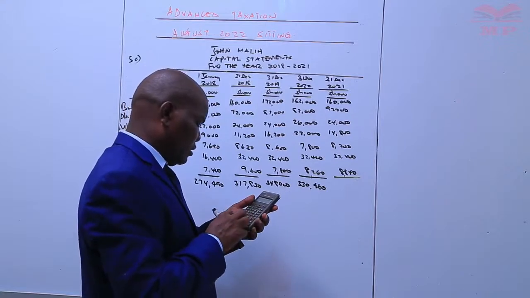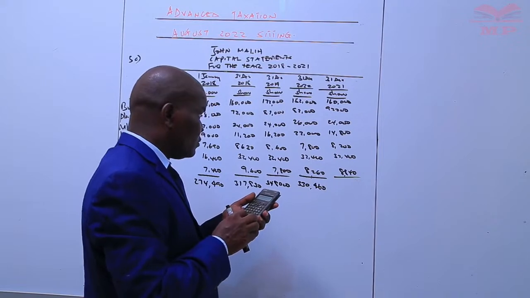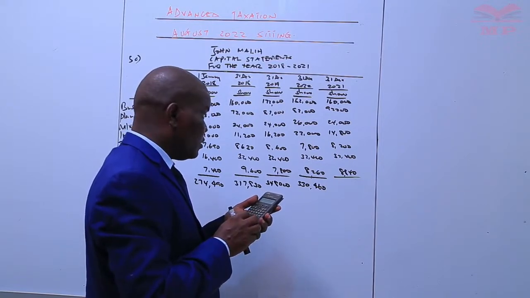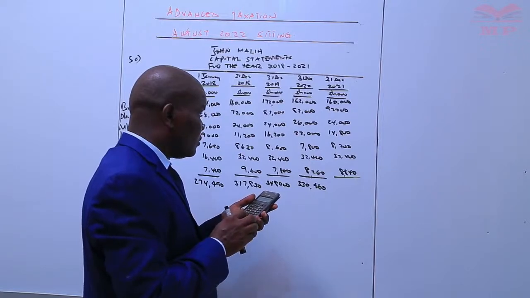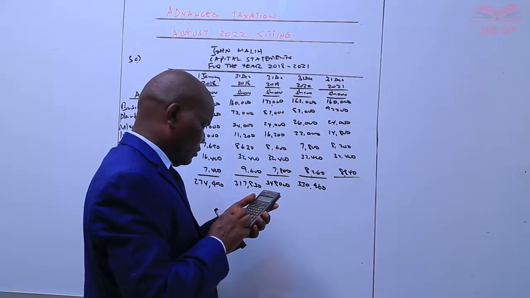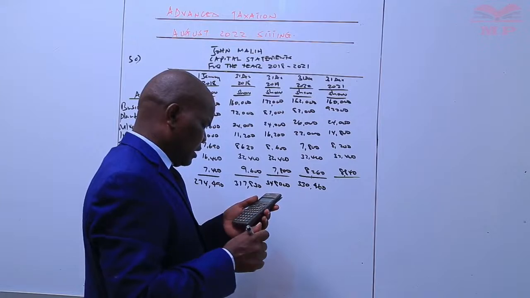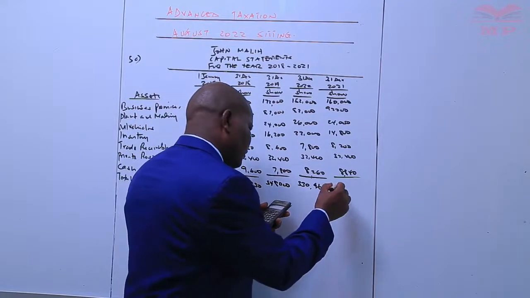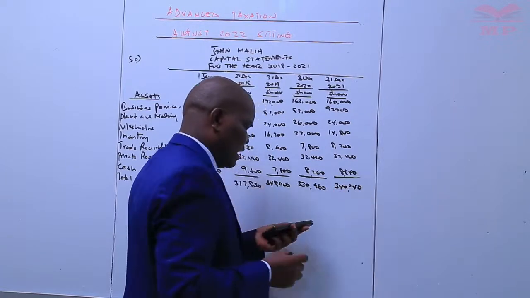Lastly, 2021: 160, 92, 24, 14,800, 8,200, 32,400 and 8840. I get 340,240. That is step 1.